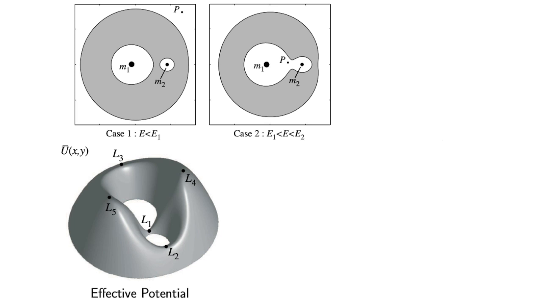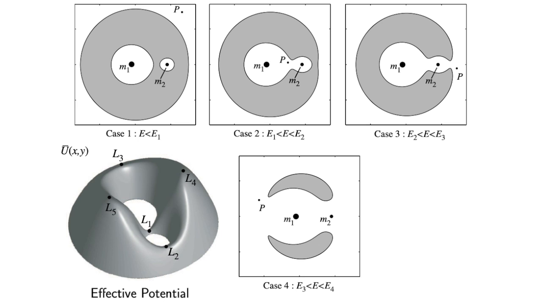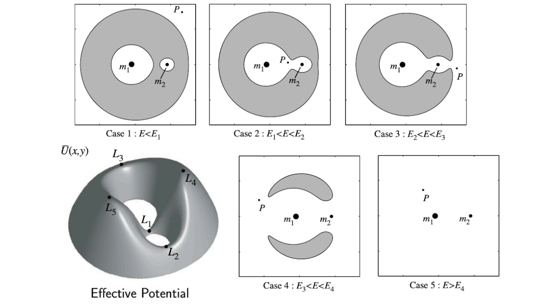So we're at an energy that's in between that of L1 and L2. Case 3 is where the energy is between that of L2 and L3. Case 4 is where it's greater than L3 but less than L4. And then case 5 is where you have energy greater than L4 or L5. There are no more energetically forbidden parts of the position space, at least in the rotating frame.